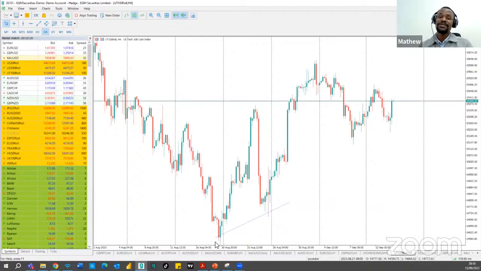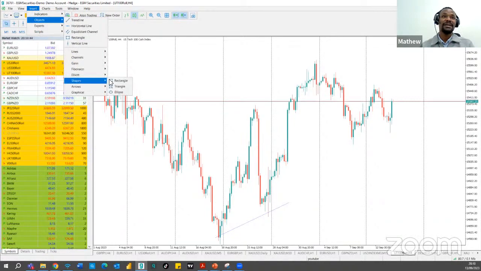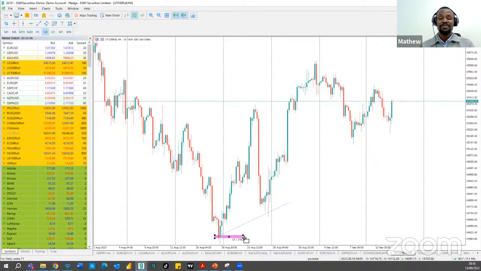And for an uptrend or a swing low, you need to have 2 points showing higher lows. For example, here we have a low. Let me just show you. Let me mark. Here we have a low point, right? And if you consider the move here as well, we have another low.